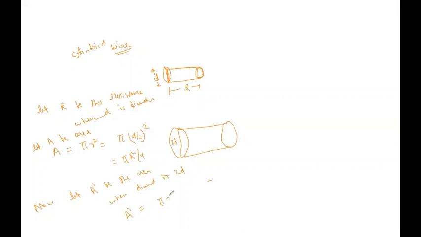We know that it is pi r prime square, that means pi d prime square by 4. And for the new area, d prime is 2d, the diameter is twice. So you can write pi (2d) whole square by 4. And you simplify, you will get pi d square.